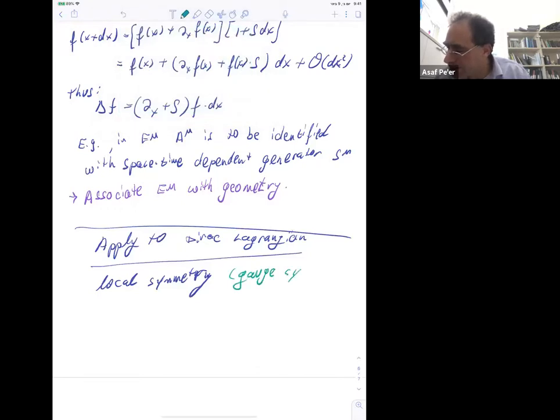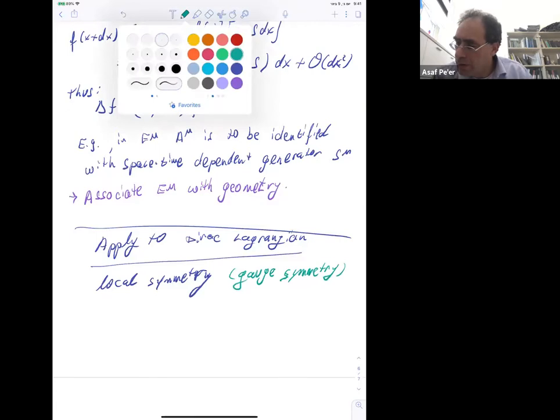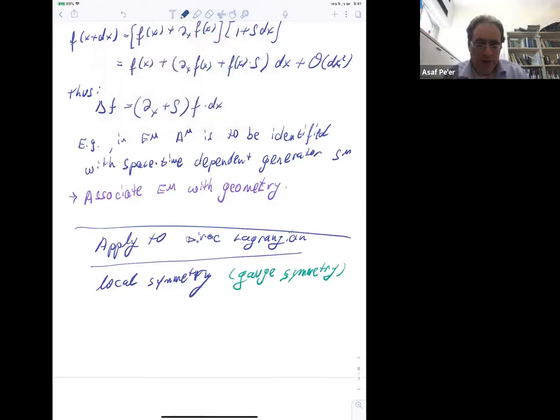Gauge symmetry is one that involves local transformation. That means a transformation that does depend on space and time, as we wish.